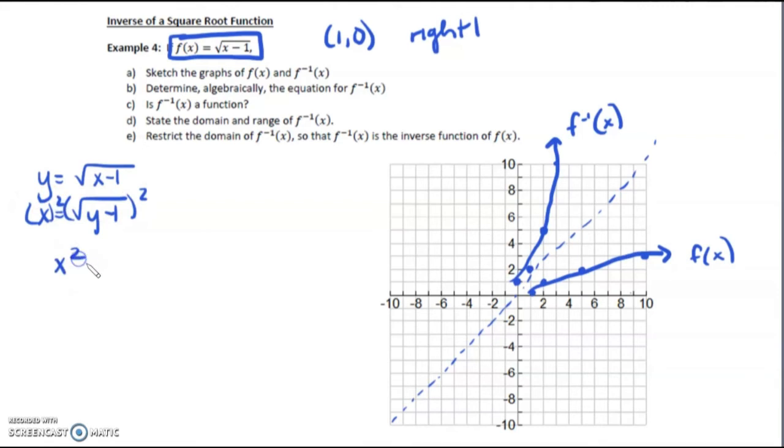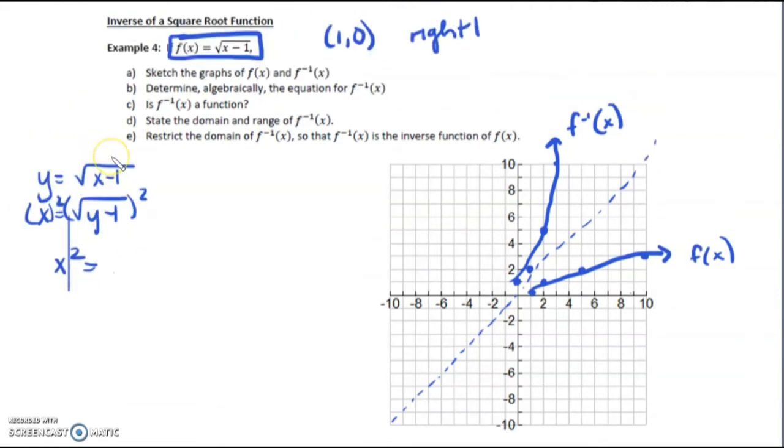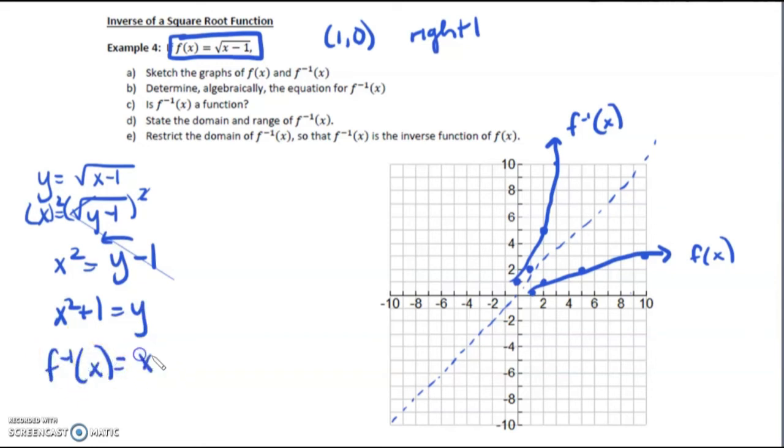We have x squared equals, the square and the root cancel out, and we're left with y minus 1. Bring that negative 1 over, and we get plus 1. Substitute back in the function notation. So f inverse of x is x squared plus 1, which we know is a quadratic that's moved up 1.